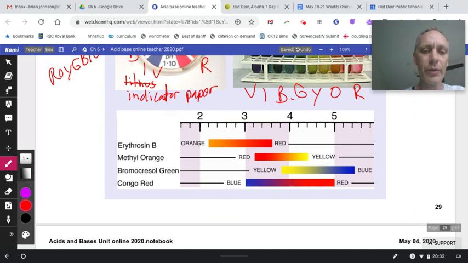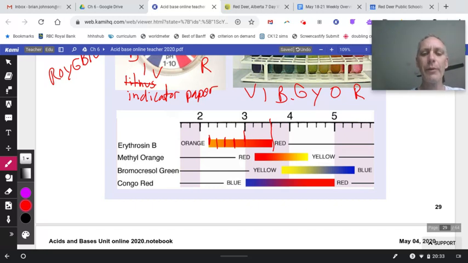For example, erythrosine B is orange as long as you are around 2.2, 2.4, 2.6, and then it starts to change. And at 3, we're on the red side of the spectrum, and by 3.6, we're completely red.